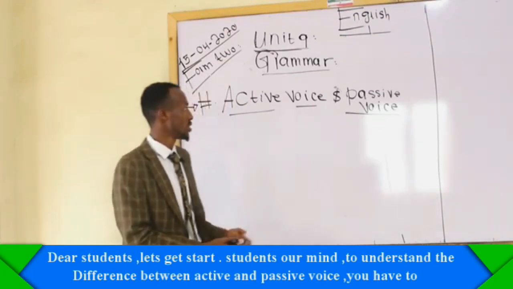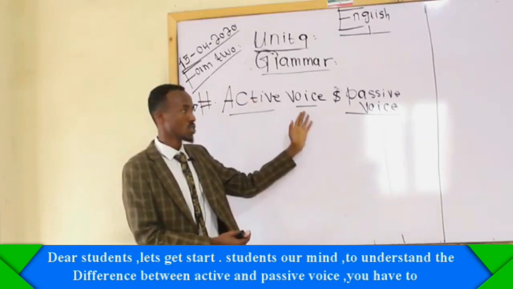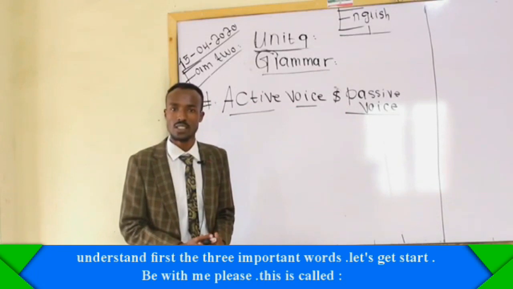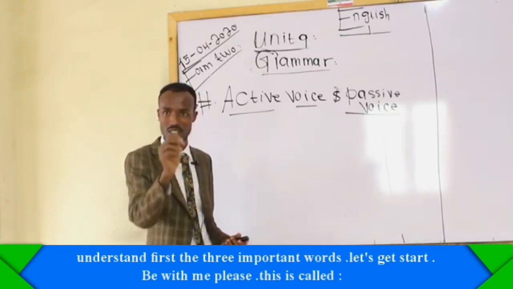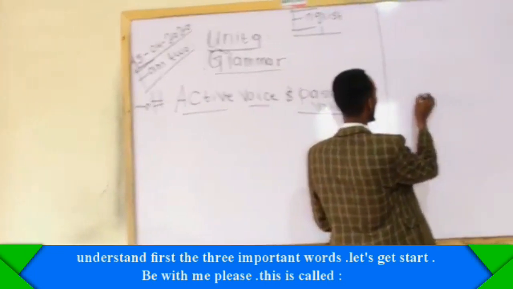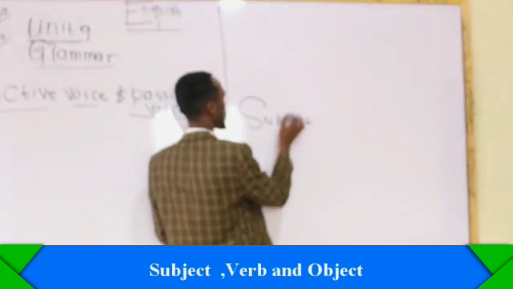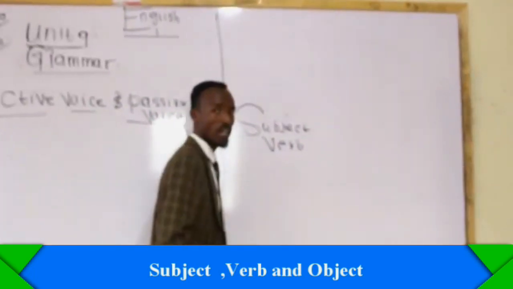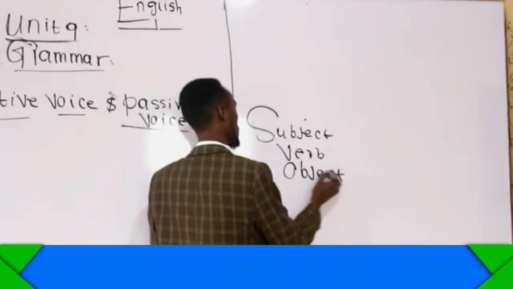To understand the difference between active voice and passive voice, you have to understand first three important words. Be with me please. This is called subject, verb, and object.